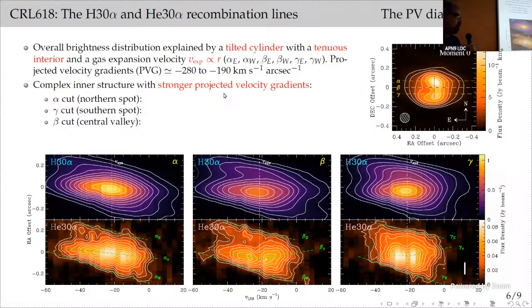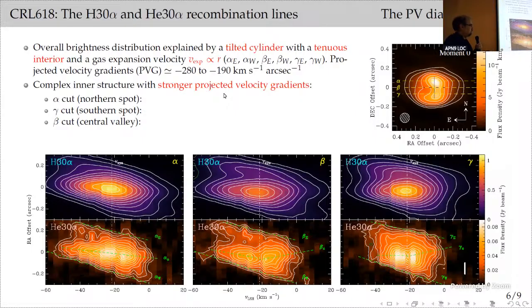So the first thing we can see here is that there are plenty of velocity gradients. There are many of them, but this implies that the gas is expanding with a velocity proportional to the distance. And there are two different sets of gradients that are repeated in every diagram.